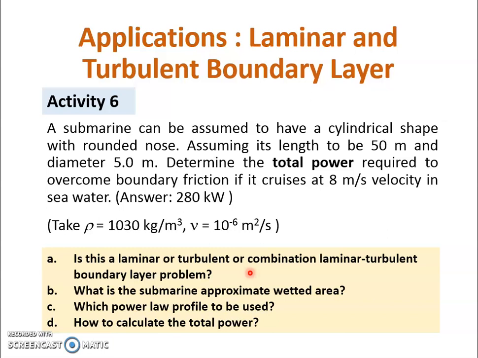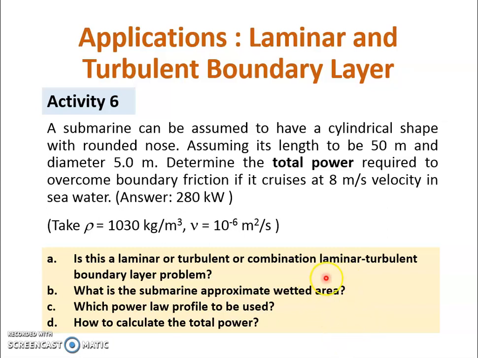You can find the XT is much less than 1/3 of the total length, and the total length is 50 meters, which is very long. So you don't have to consider the laminar part. It's just a turbulent boundary layer, and you can consider the whole boundary layer to be turbulent.